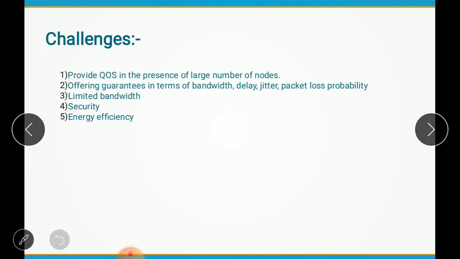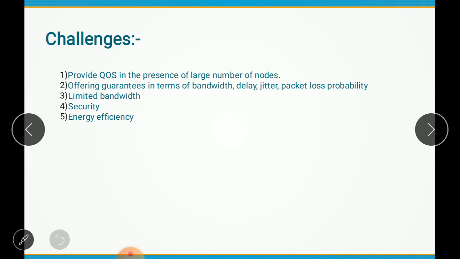Now here are the challenges for WSN. One is providing quality of service in the presence of a large number of nodes. If we have n number of nodes, the output throughput of each node is very low by comparison, while applications need guarantees in terms of bandwidth, delay, jitter and packet loss probability.